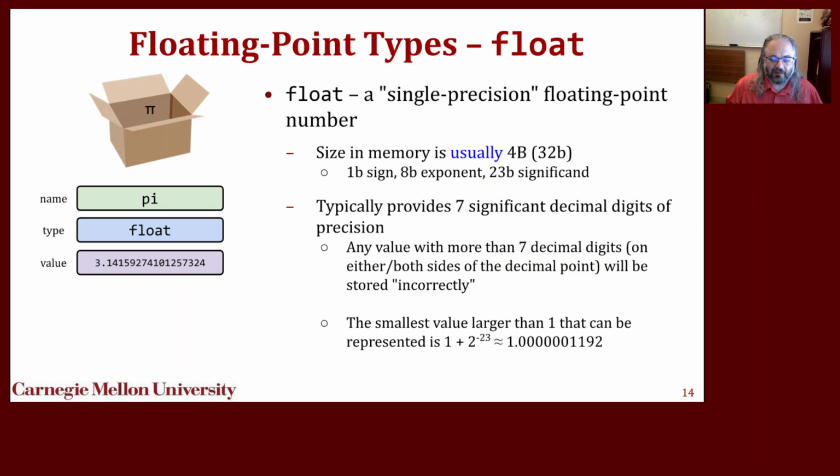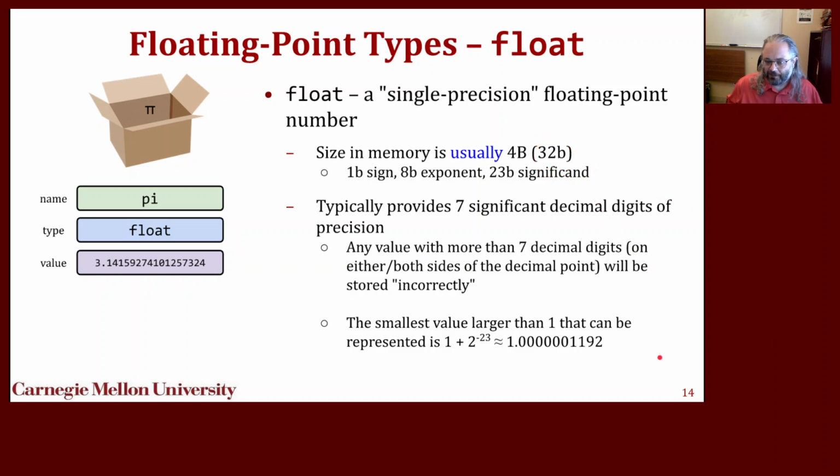With that encoding, we can get around 7 significant decimal digits of precision. If we go more than 7 decimal digits between the farthest left non-zero number and the farthest right non-zero number, it gets harder to encode things, and we're going to start having to round off significant figures to store that value in our 32-bit space.